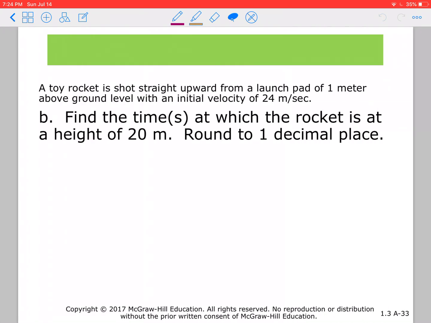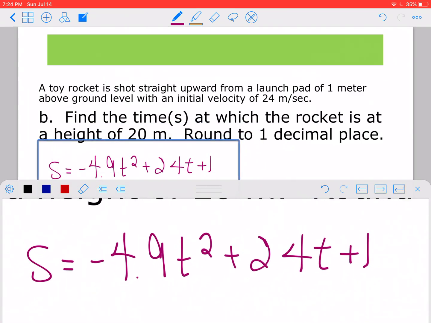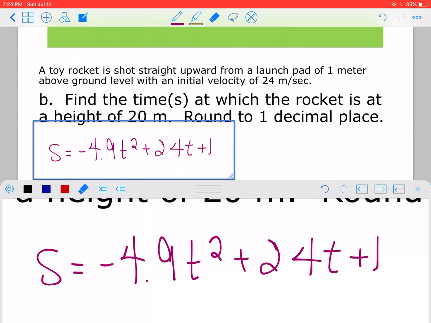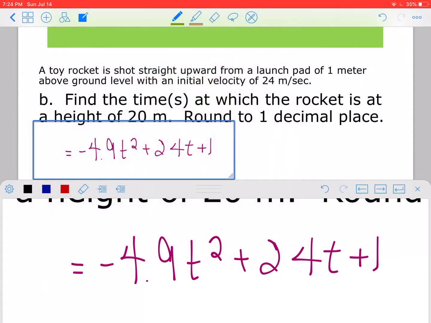Part B asks us, when is the rocket at a height of 20 meters? So when would we find t when the height, or s, is 20.